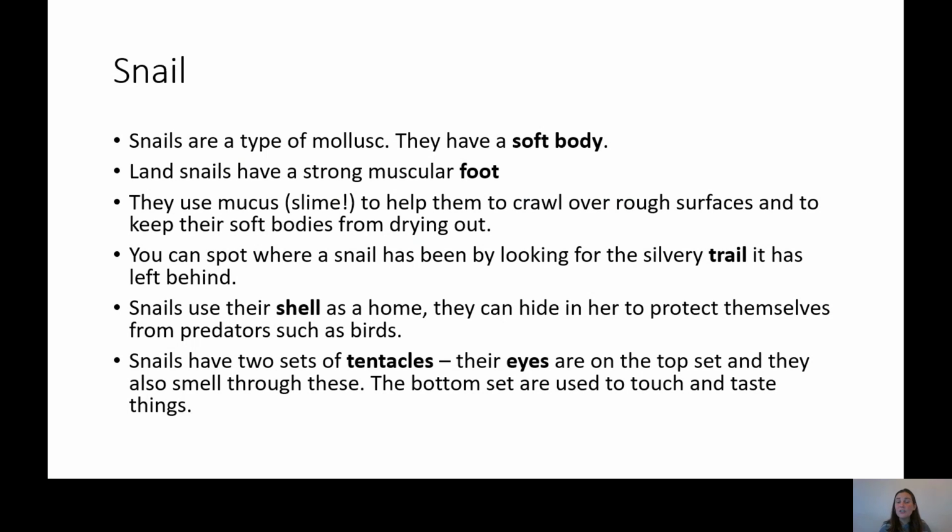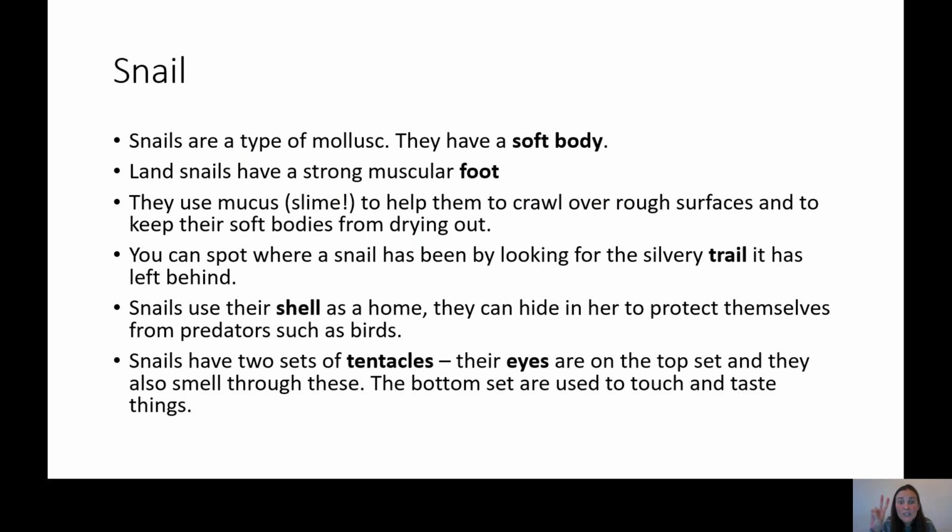So you can spot where a land snail has been by looking for the silvery trail it's left behind. So with this mucus, it leaves a trail so you can see where it's gone. Snails use their shell as a home, and they can hide in their home in order to protect themselves from predators such as birds.